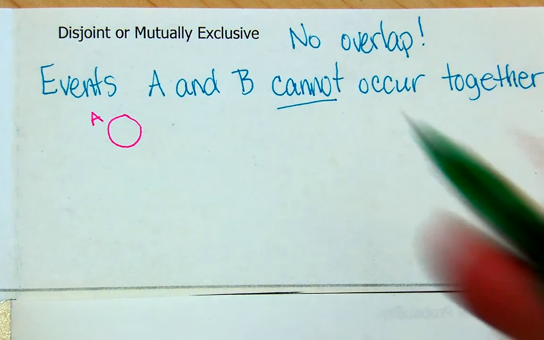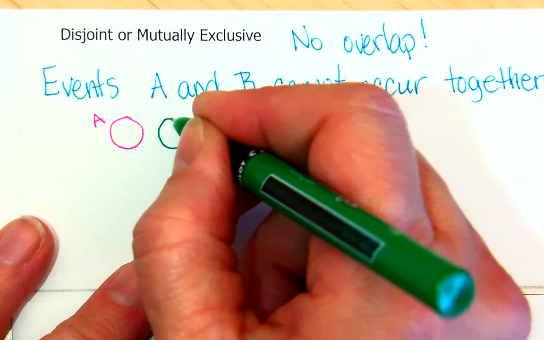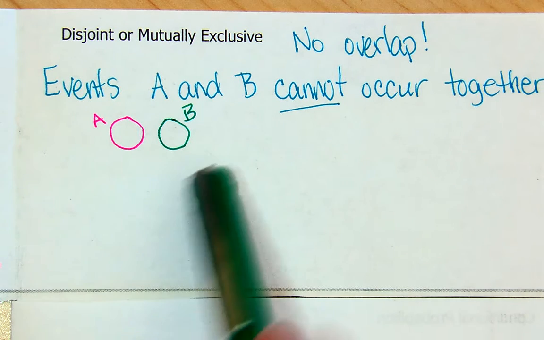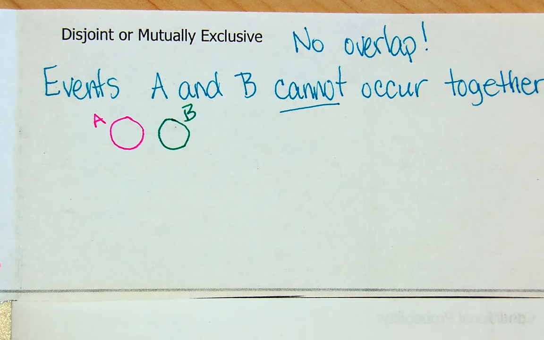They don't intersect. There's nothing in common for both. If something is in A, then it's not in B. If it's in B, then it's not in A.